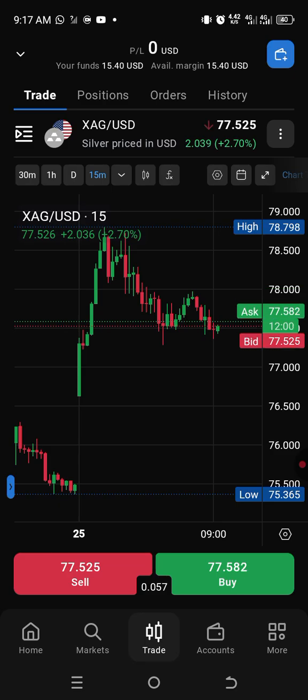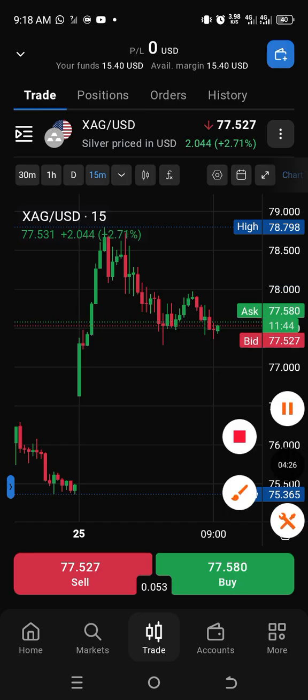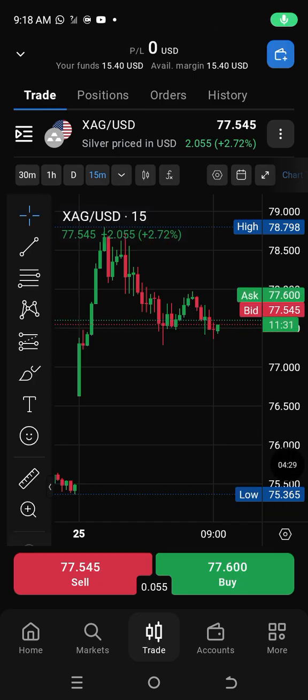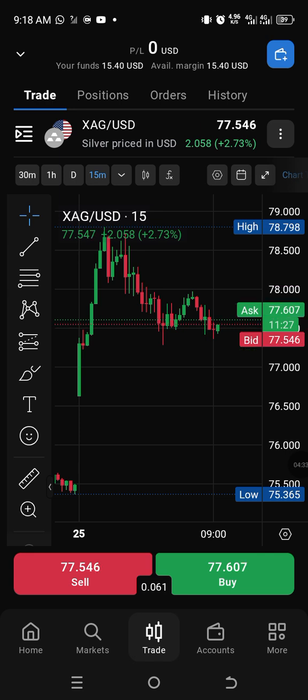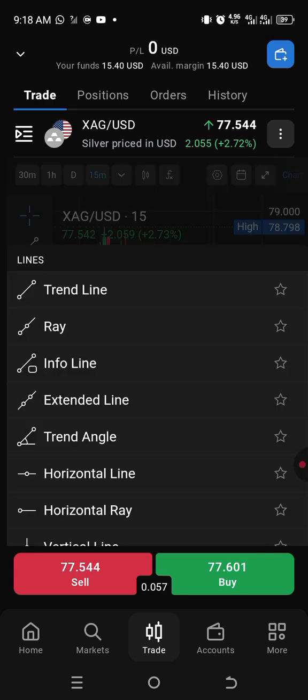As you can see, where there's high, you're seeing high on 78.798. We are going to use the candle before that candle with a high. So let me do it quick. Yeah, so I use trend lines, horizontal trend lines. That's what I'm going to put.